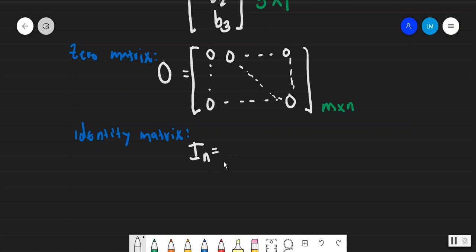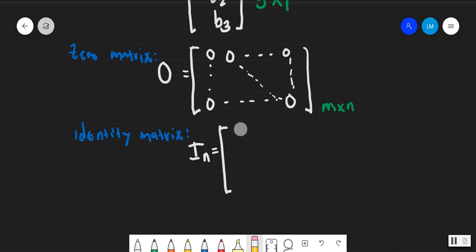Now, an identity matrix is actually a square matrix too. Here's how we define an identity matrix. It consists of 1, 0, 0, 1. Actually, let me make this more general.